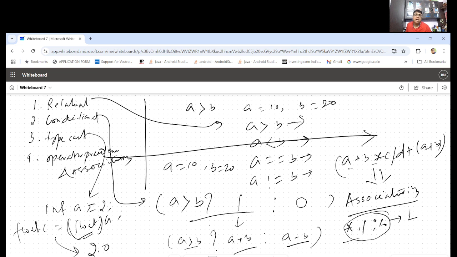It may be left to right associativity or right to left associativity, right? In every book, the precedence is given, and then according to the precedence the associativity will be considered. Otherwise you will not get the actual value that you want to get. So that's all about the operator.